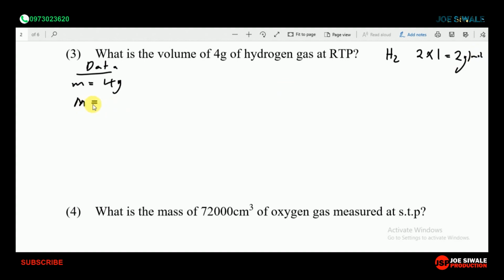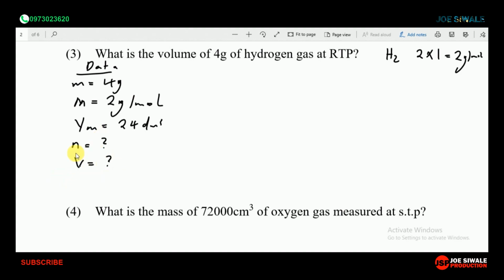Then our molar volume is 24 cubic decimeters, since we've been told it is room temperature and pressure. The number of moles we don't know, and the volume we don't know.